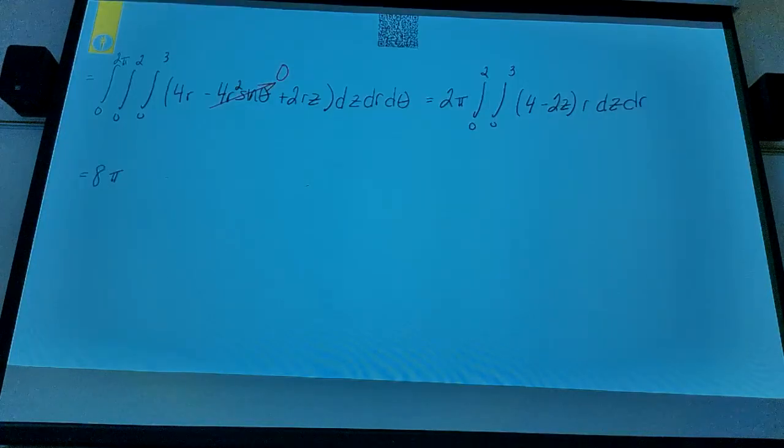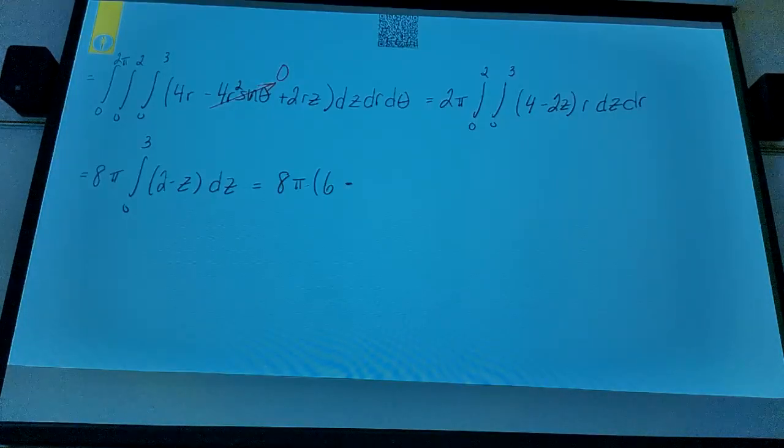That should be 8 pi. And that's what we're left with. 8 pi times 2 times 3 minus 9/2.